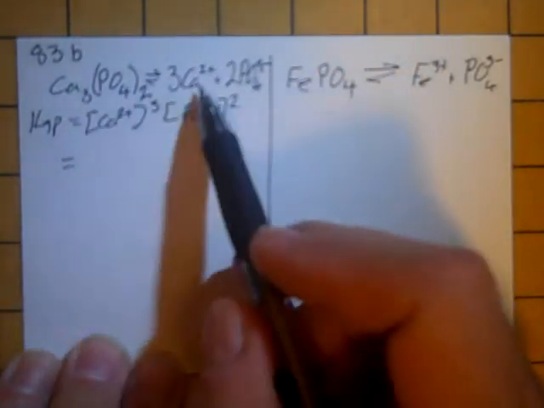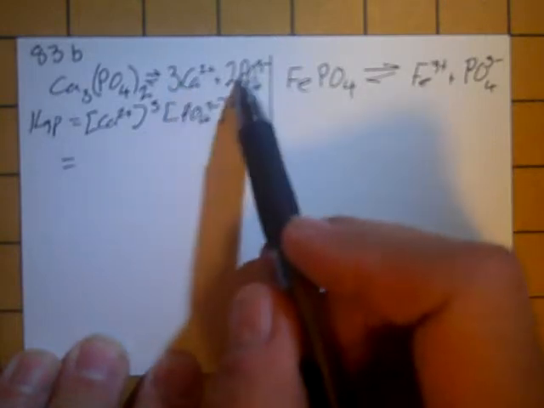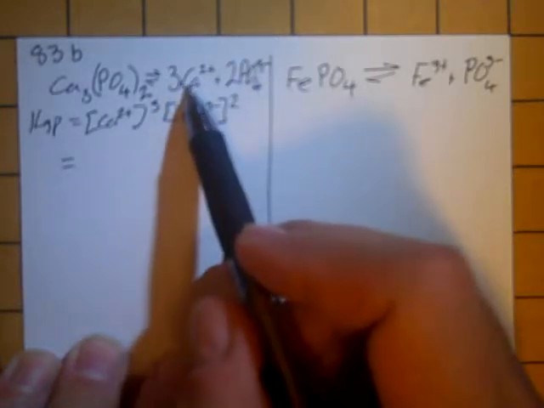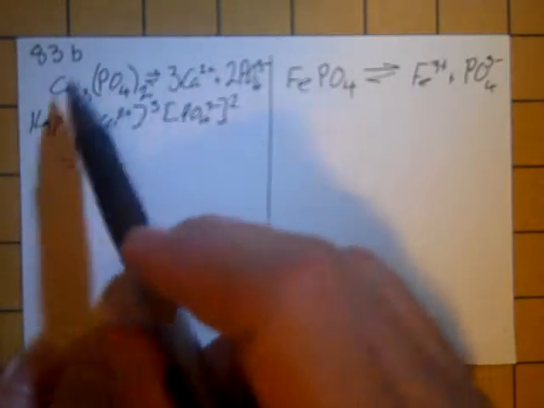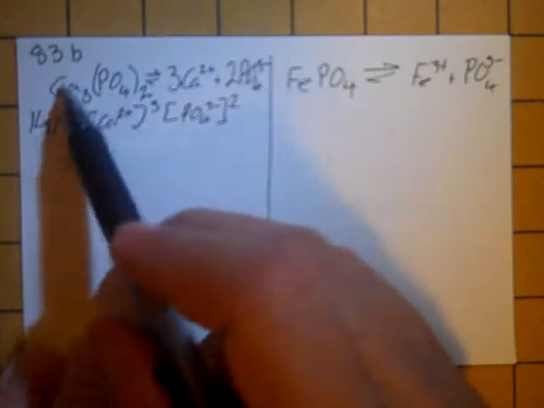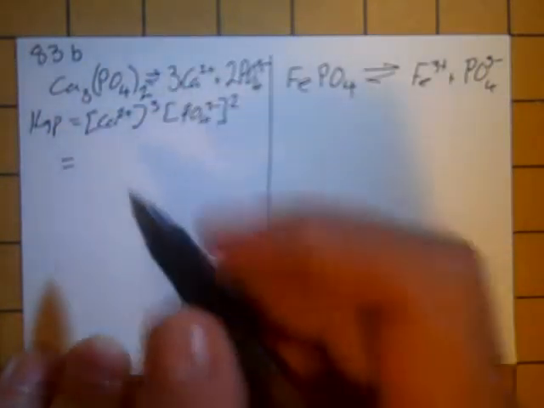We can tell from the way it breaks up that the ratio of these are going to be 3 to 2, but remember, when we solve for x, we're always solving for the same thing. We're solving for the amount of the solid that will dissolve. So for every one of these that dissolves, we will get 3 of these.